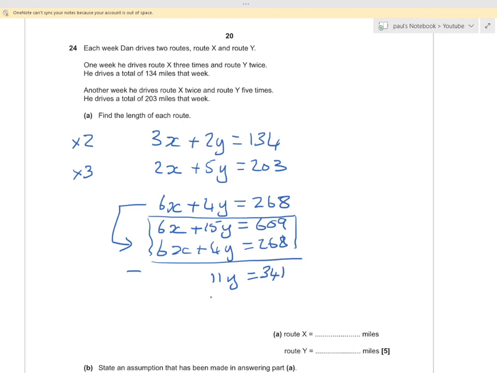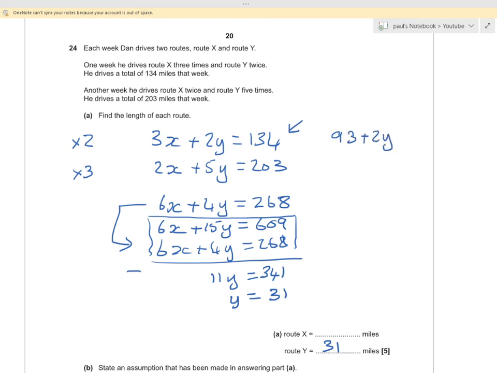341, that's an honourable number. So y equals 341 divided by 11, which equals 31. That worked out okay. I thought that was going to be a decimal number. Now we've got to work out what x is.